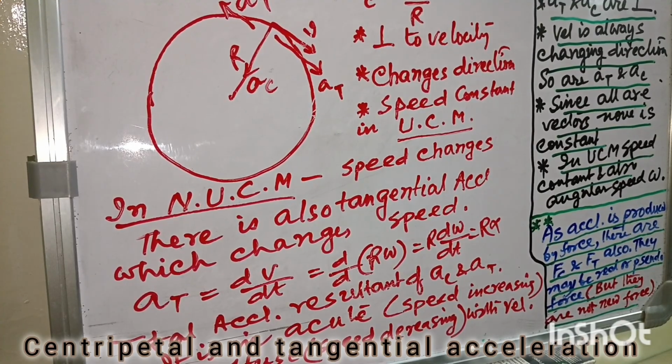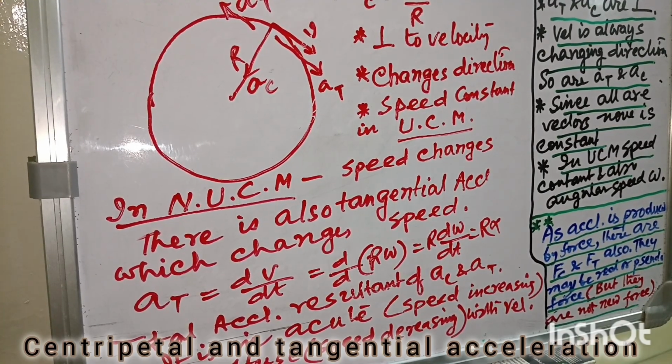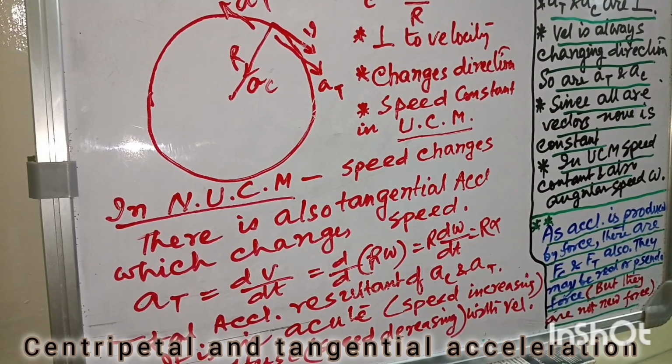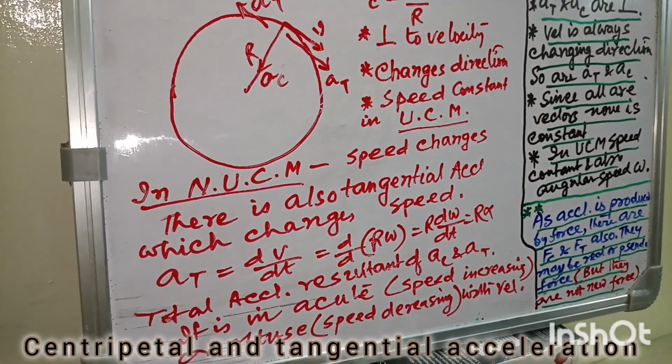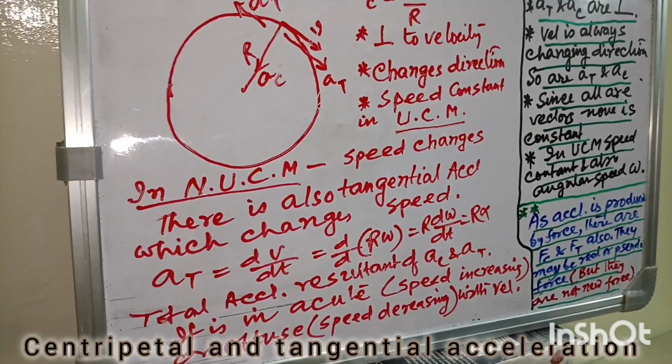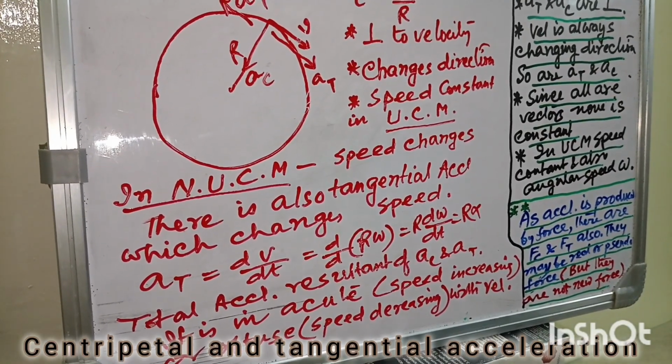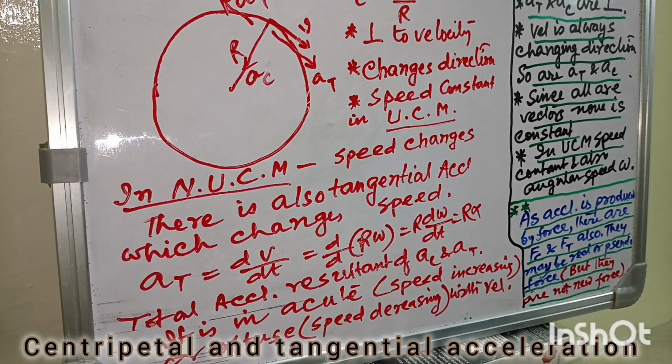So AT, or the tangential acceleration, can be written as dv by dt or as r alpha. So in a non-uniform circular motion, there are actually two accelerations, and the total acceleration is the resultant of AC and AT.